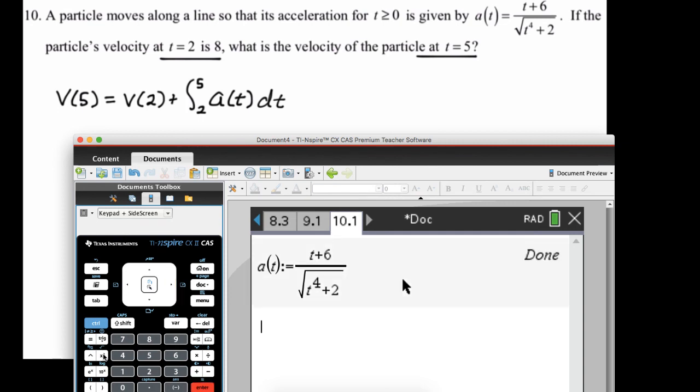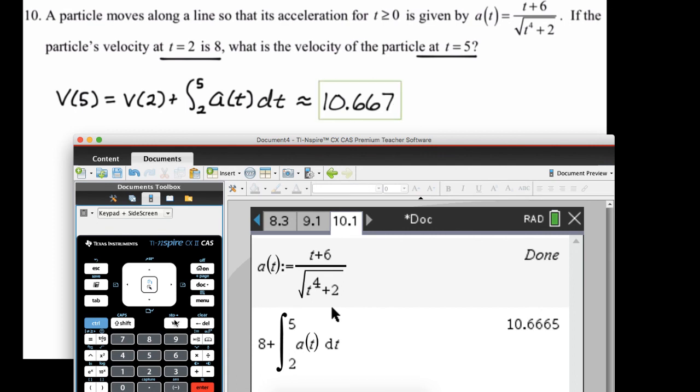All right, so v of 2 is 8, so I'm doing 8 plus the integral, which is shift plus, from 2 to 5, because that's what we're doing, of a of t, press var, a of t, dt. I'm going to press enter, see what I get. I should probably do control enter just in case. So I get 10.6665, so approximately 10.667. All right, and that is it.